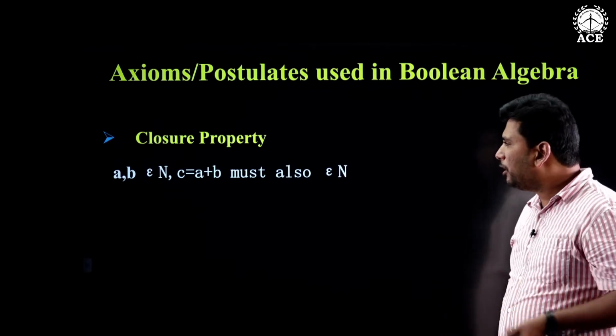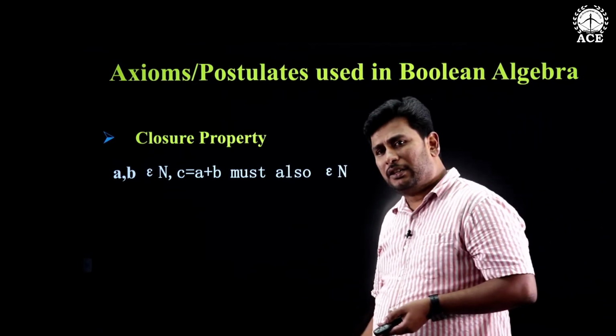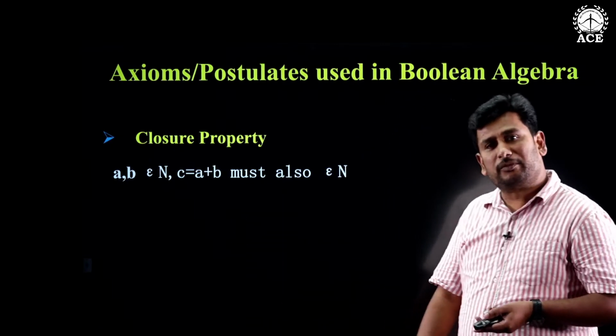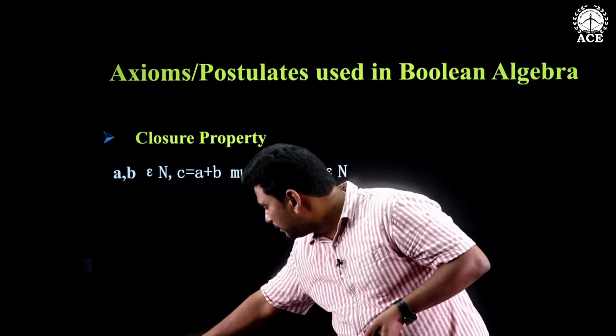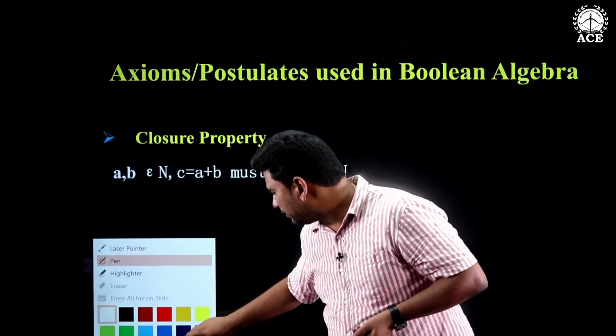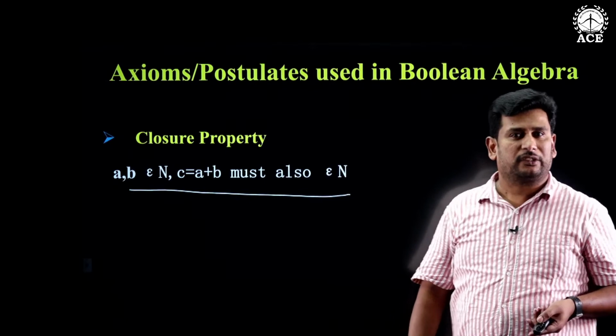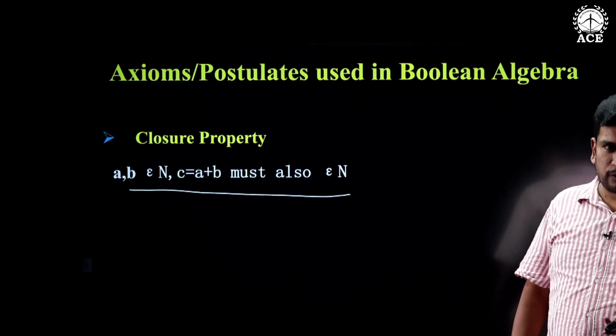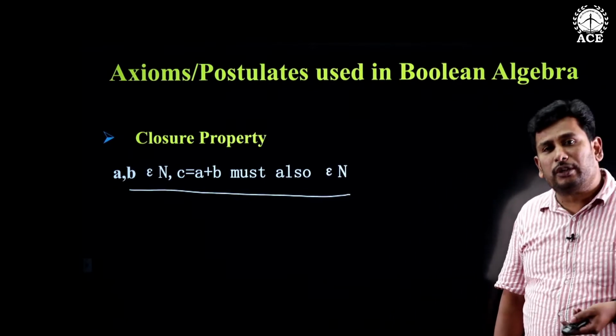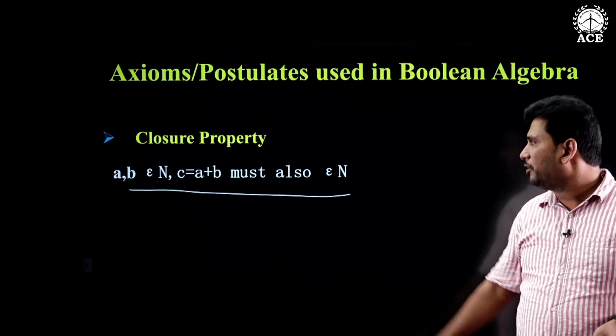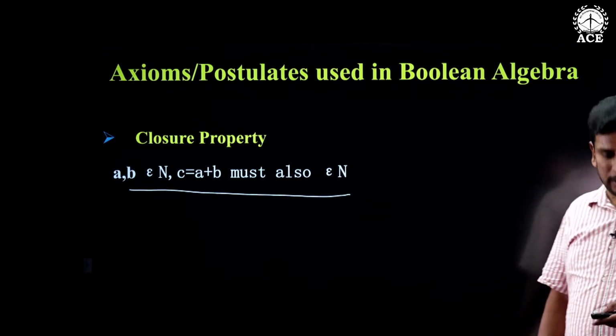So if A and B belong to the natural numbers N, the sum of these two numbers A plus B should also belong to N. Then we refer to it as a closure property. Sounds clear? If A and B belong to N, the sum of those two numbers should also belong to N. We refer to it as the closure property.